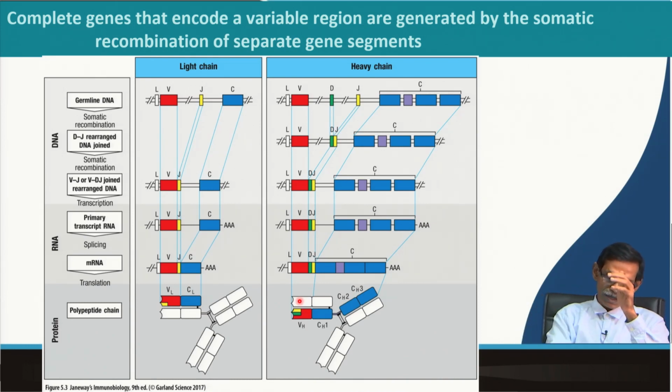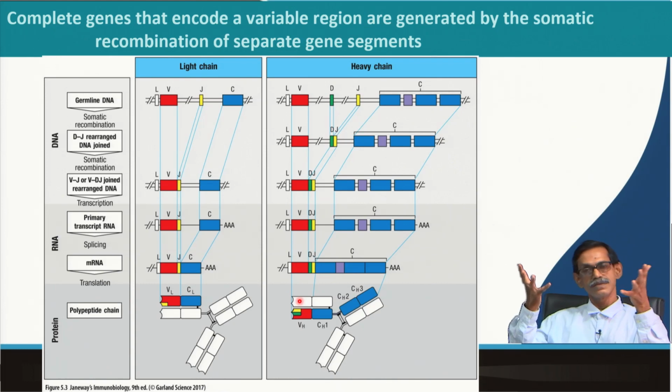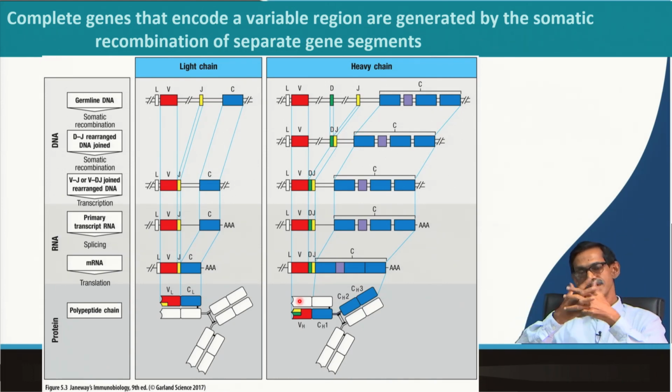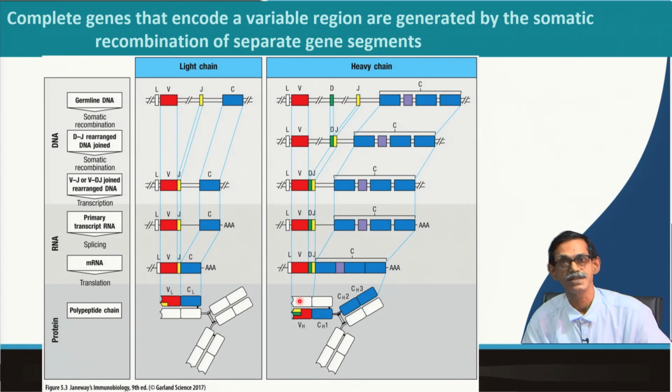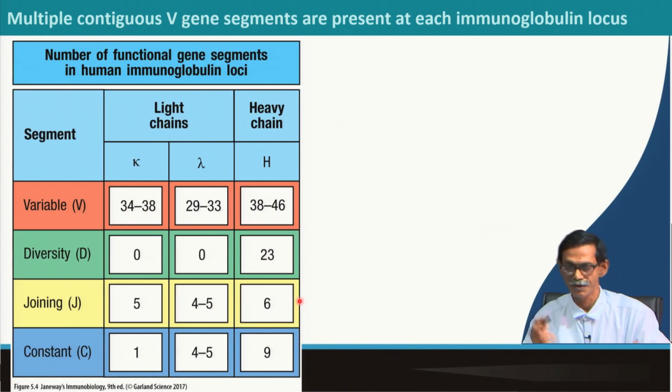So, this VDJ recombination, how is it going to help in the diversity? Because this is the basis, like what is the construction of the heavy chain and light chain genes in the chromosome, but this is not saying anything about the diversity or the so much variability in the receptors of the antibody, B cell receptor and T cell receptor. Okay.